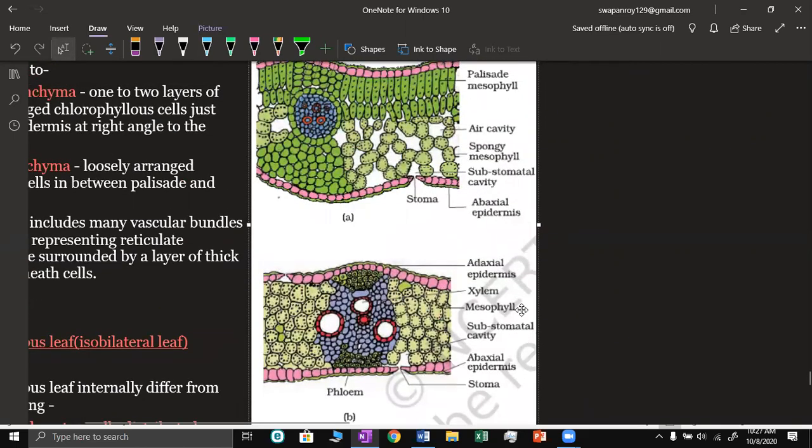Here is the part of the section of the dicot leaf and monocot leaf.